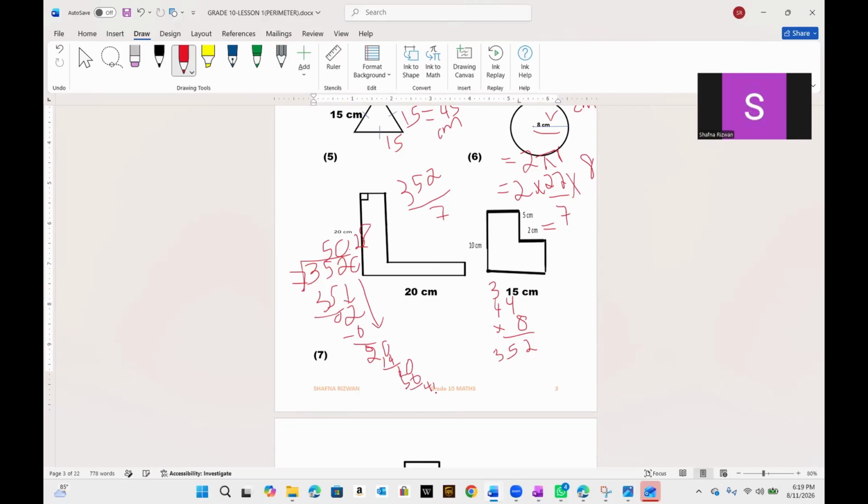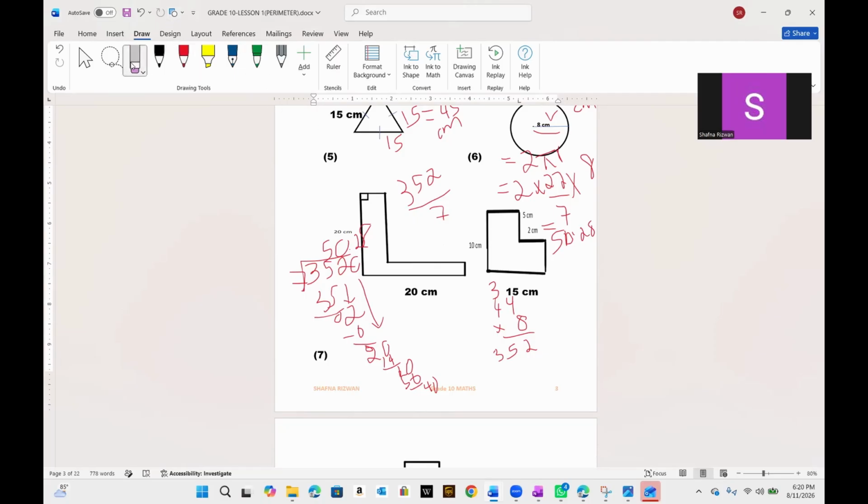Again, you will get 40 like that. I think it will keep on going, so let's leave it like this. How much is it? 50.28. So your answer will become 50.28. Did you all understand?